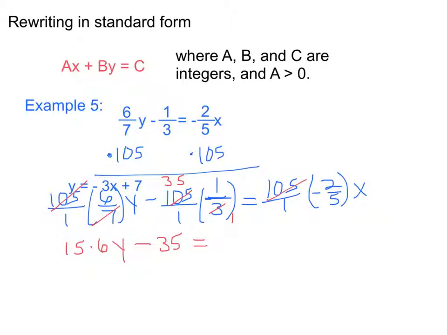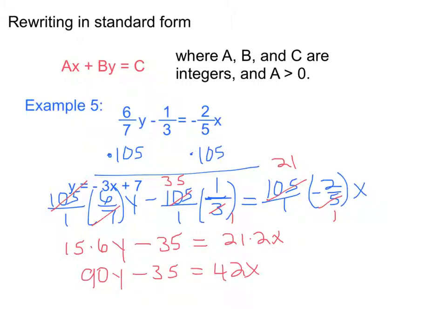Equals, and then we can reduce this. 105 and 5, 5 goes into both, so this would be 21 and 1, and so we still have to do 21 times 2x. So now 15 times 6 is 90. So we have 90y minus 35 is equal to 42x.